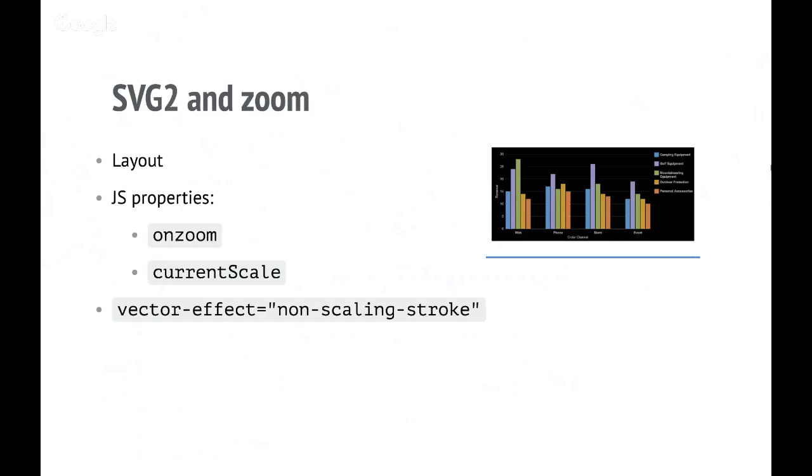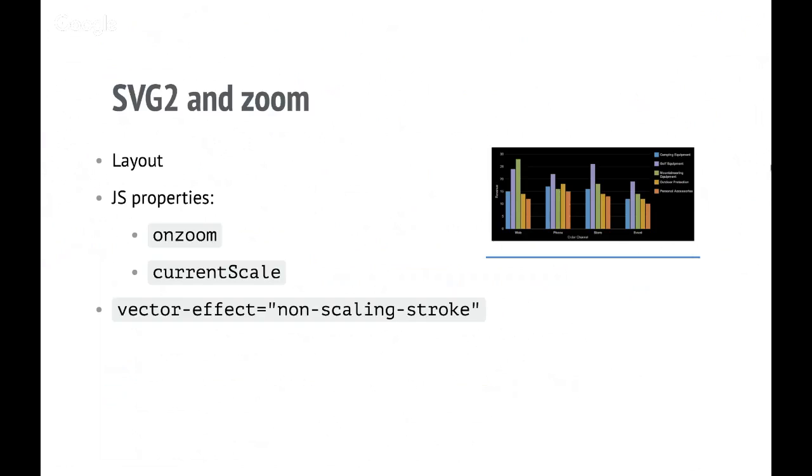You can use titles on the individual items. You can also use some JavaScript for things on zoom and current scale. So you can actually determine whether the thing is zoomed and relay out the picture in ways that make sure that critical information is still close at hand.